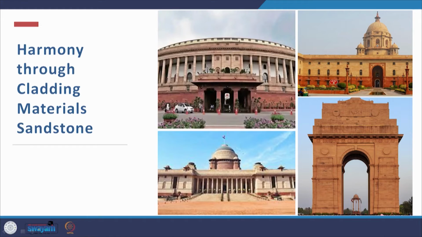The elements used there are neoclassical, but one more way of uniting them together is the cladding material. Sandstone has been used either in this darker red color or in this lighter color, and these are the sandstone materials we will find recurring in the works of modern architects like Raj Rewal, who have also used them in one way.